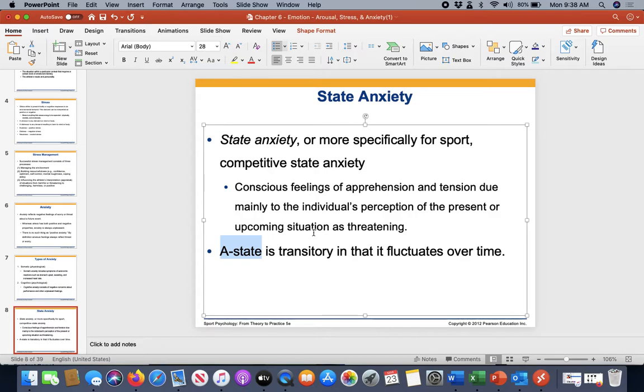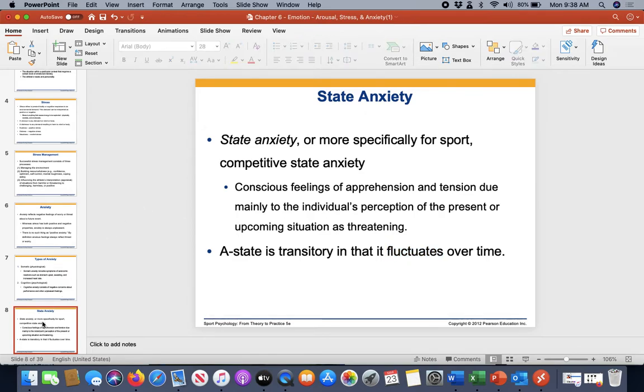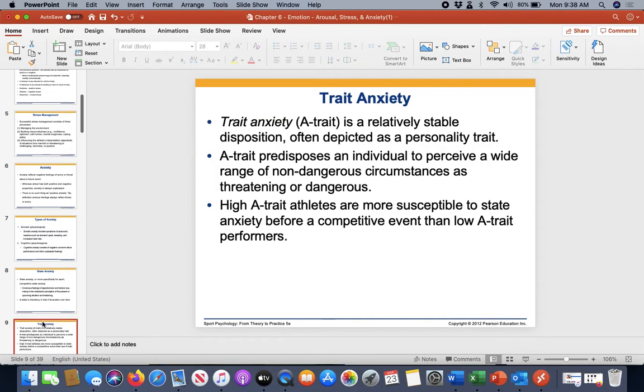And is it now in the present or is it upcoming? That is state anxiety, okay? So when you talk about state anxiety, it's in the moment, okay? It's the anxiety within that state of being where you're at, okay? And like it says here, it fluctuates over time, okay? But that makes sense because every part of a situation or a state is not always consistent. So there's those highs and those lows, those peaks and those valleys. Well, there you go. Okay.